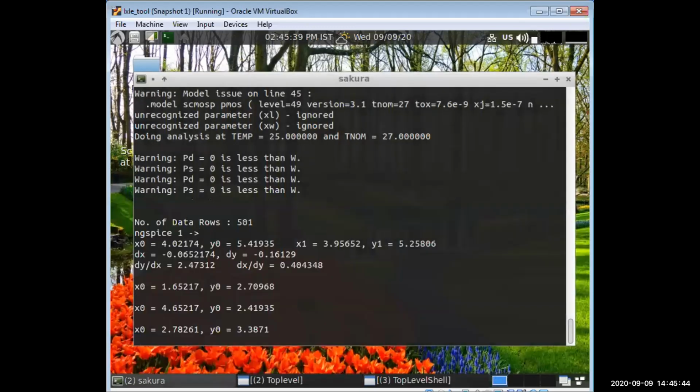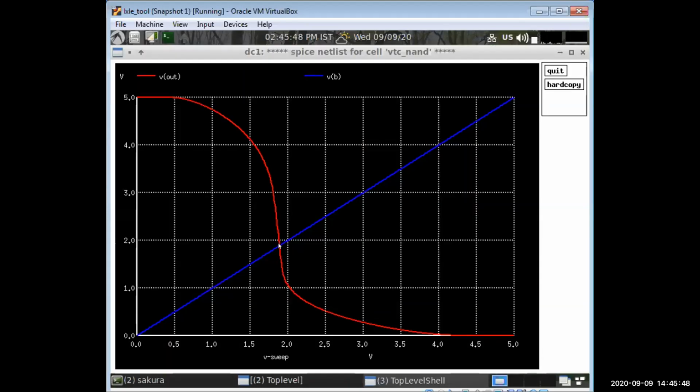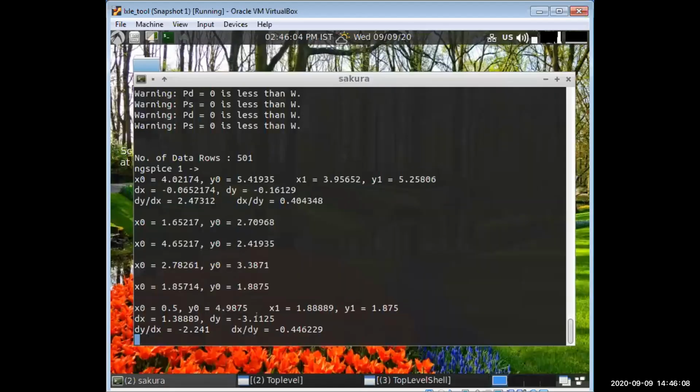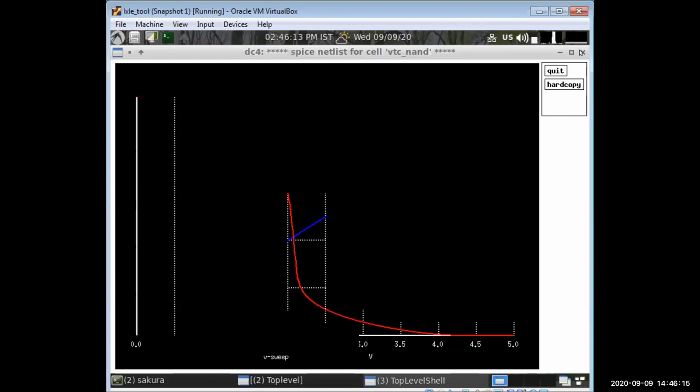That will be good. I will show the data point and that cross section point, you can see that value, the measure statement. Okay, this value, that dx is 1.3 for DC.